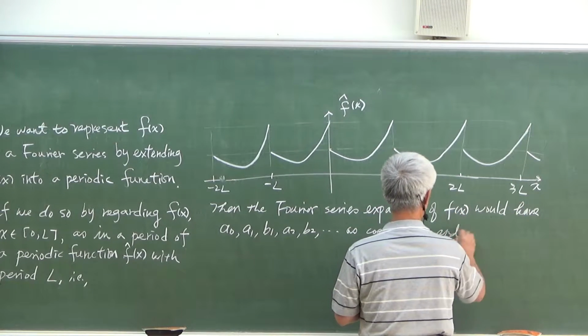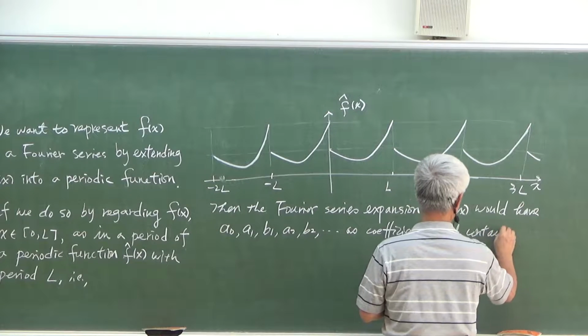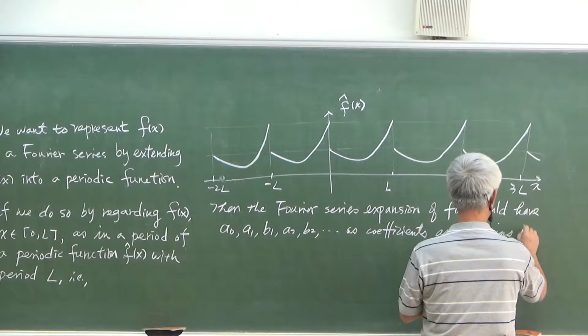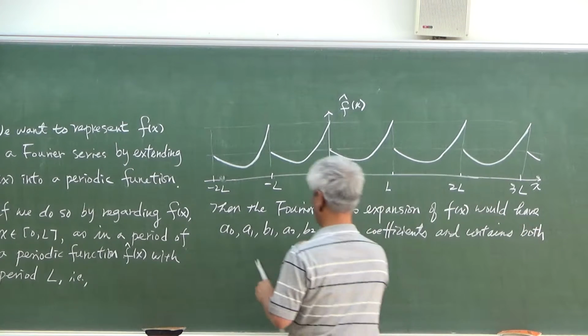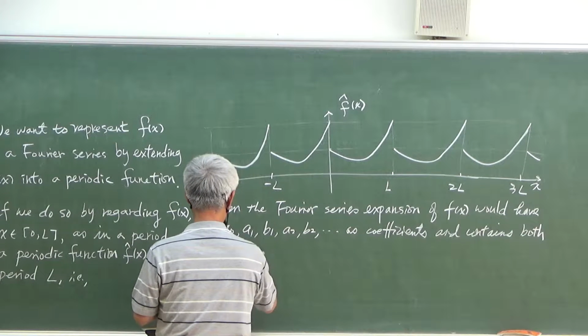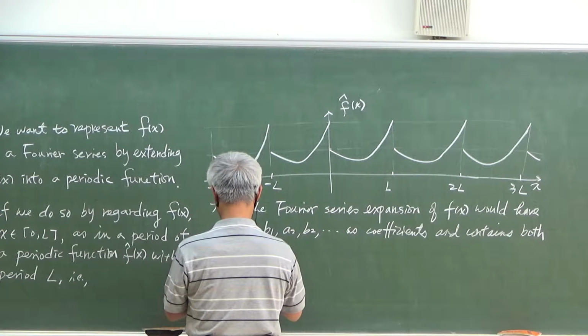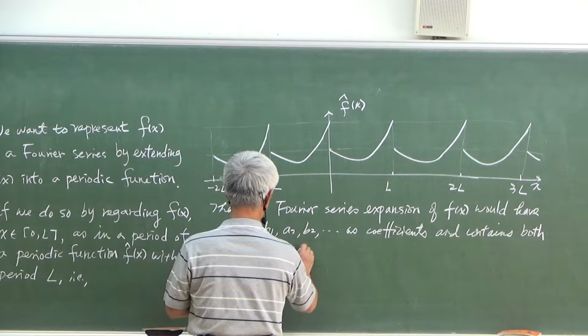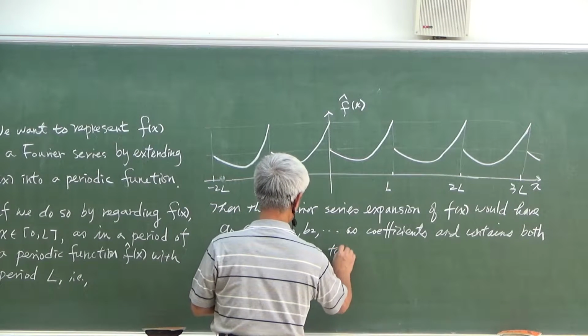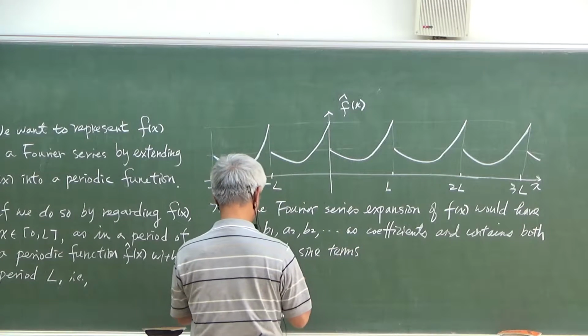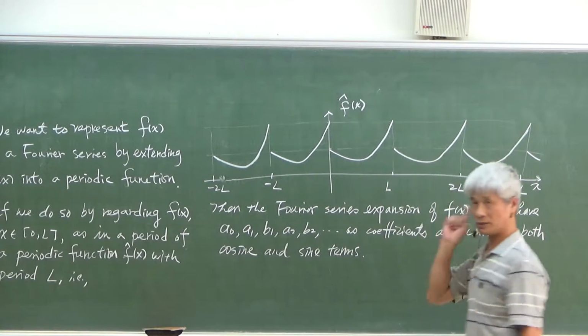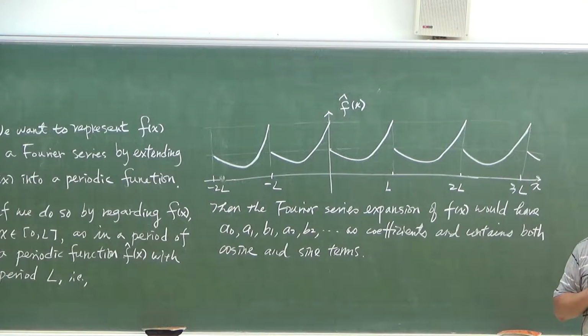So the expansion contains both cosine and sine terms. So this is one way.